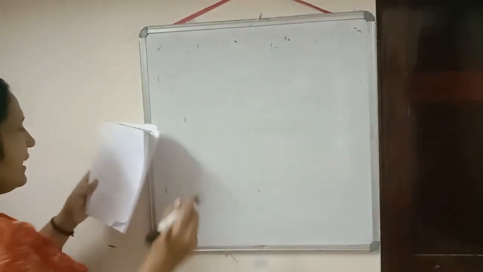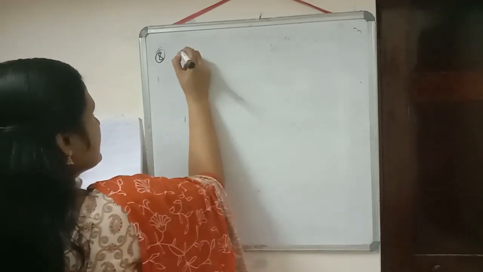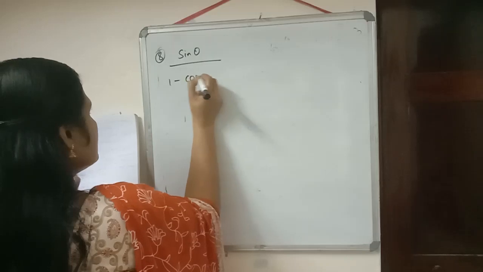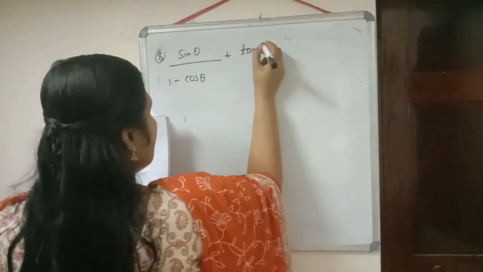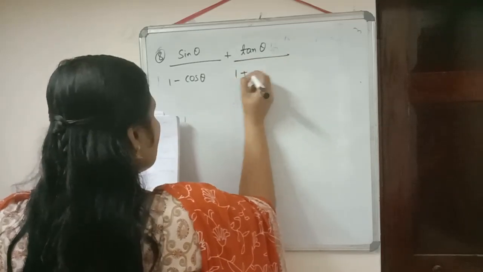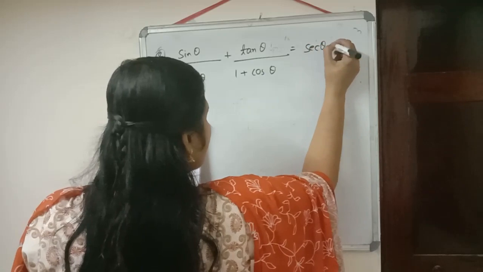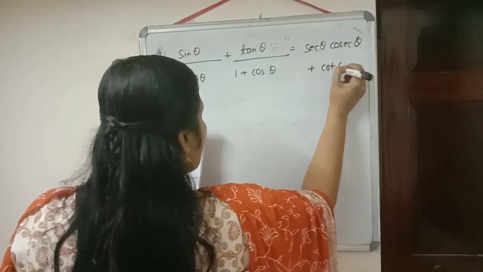Question number 8. Question number 8 is, prove that sin theta by 1 minus cos theta plus tan theta by 1 plus cos theta is equal to sec theta into cosec theta plus cot theta.